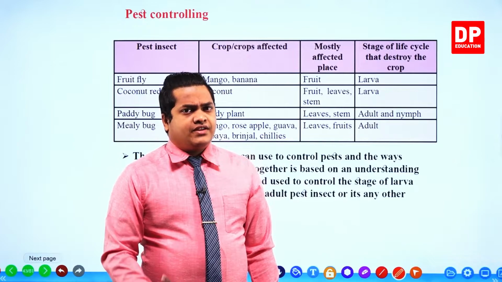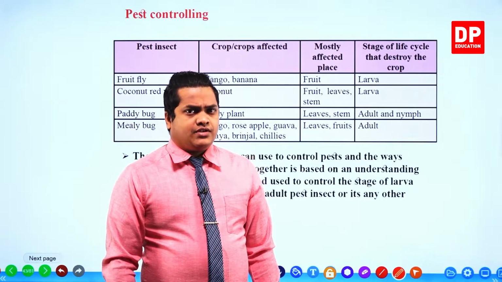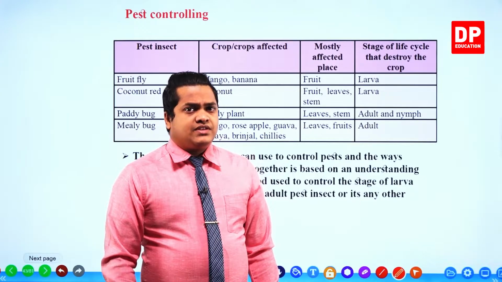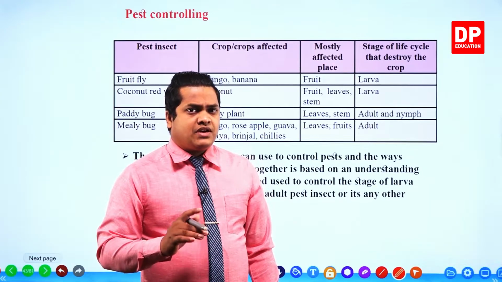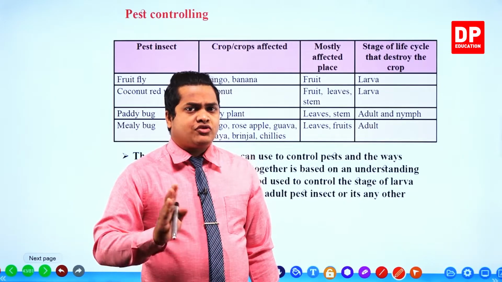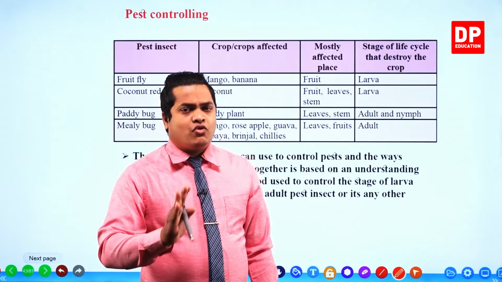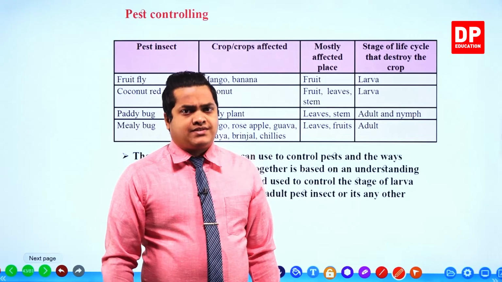Like I told you, as these organisms have different stages of life, we have to identify the most vulnerable stage, then destroy it. When the organism passes from one stage to another, its features change dramatically, so by applying the same method we won't be able to destroy that pest.